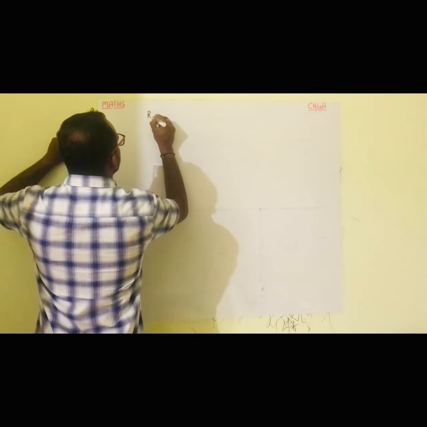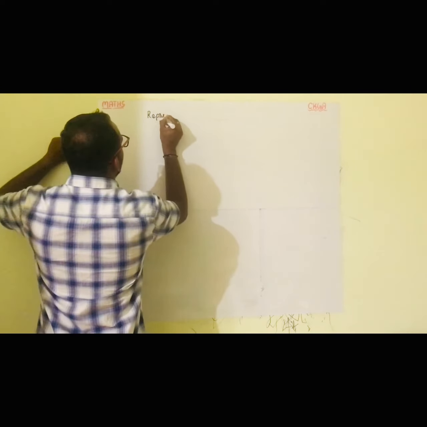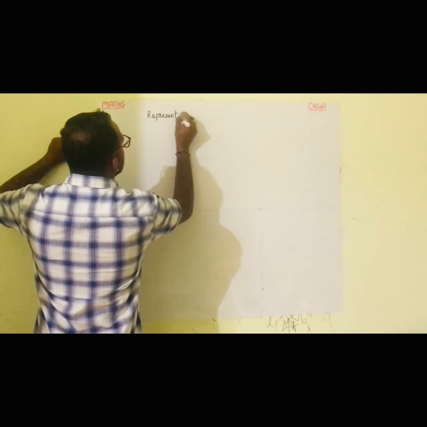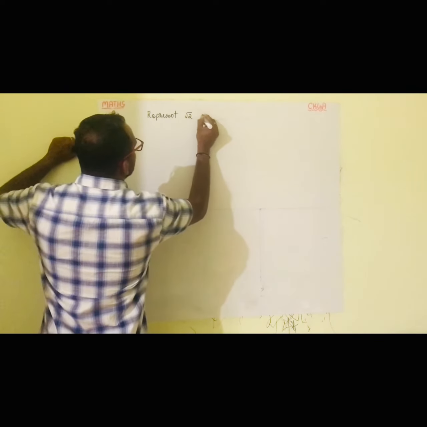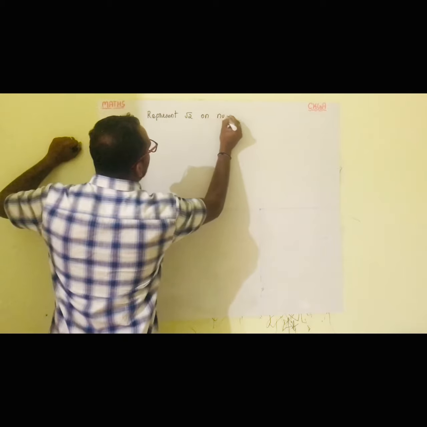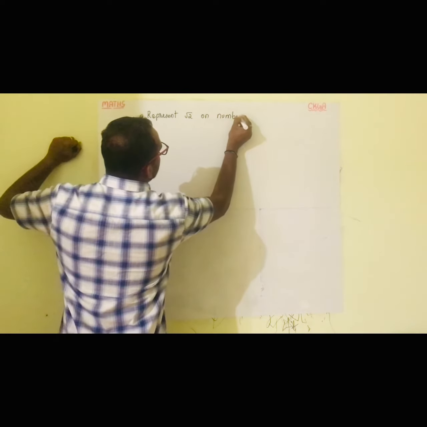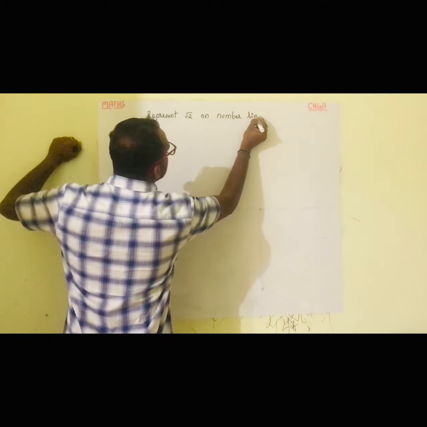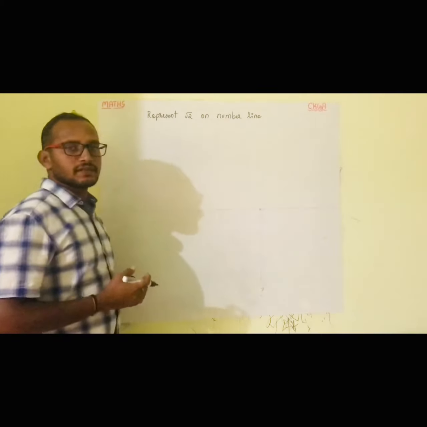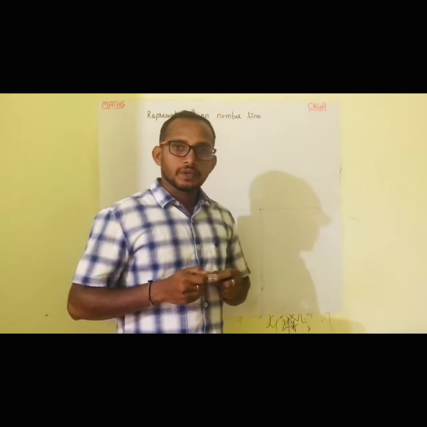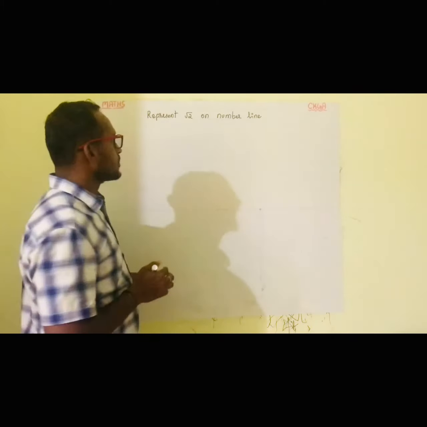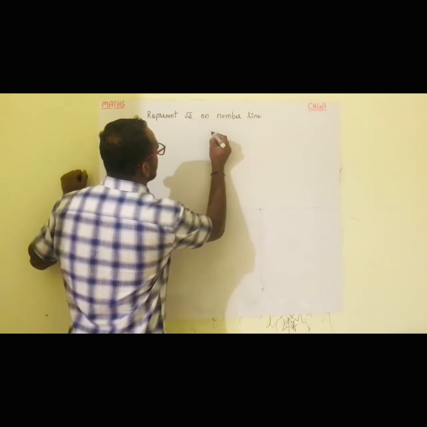Represent root 2 on the number line. To represent root 2 on the number line, I'll take help of a right angle triangle.